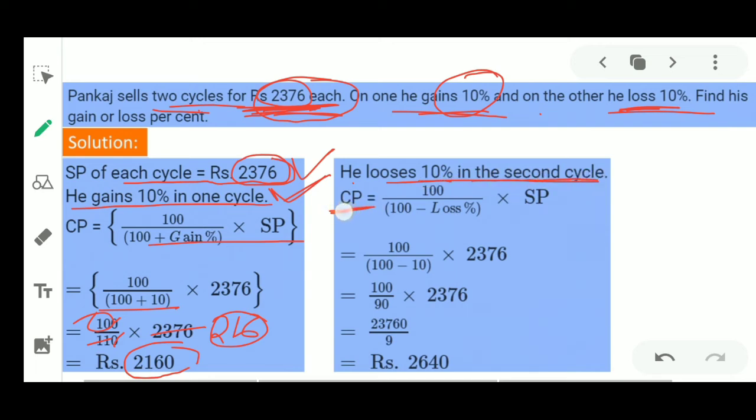So here the formula of CP will be 100 by 100 minus loss percent multiplied by SP. Now put the value: 100 by 100 minus 10, that is 90, multiplied by 2376. So it equals 100 by 90 multiplied by 2376.